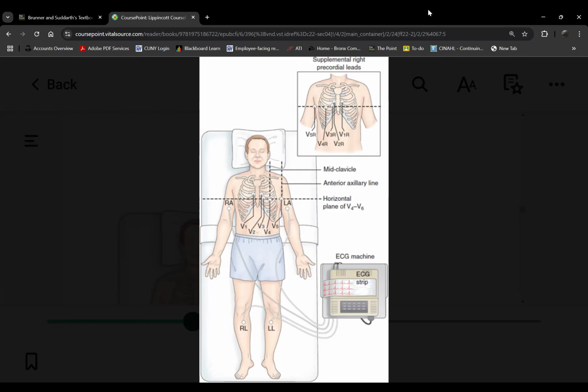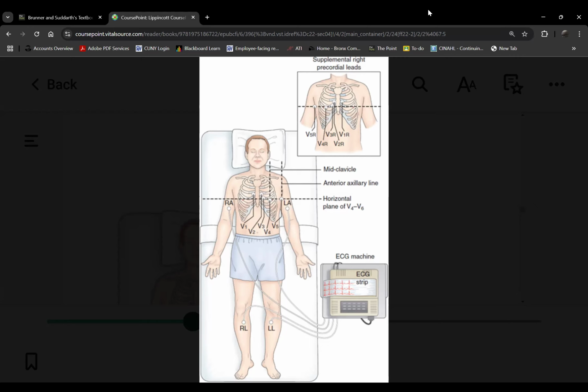V6 will be all the way to the mid-axillary line, whereas 5 is right around the nipple area, which is mid-clavicular. So therefore you have your 10 electrodes.